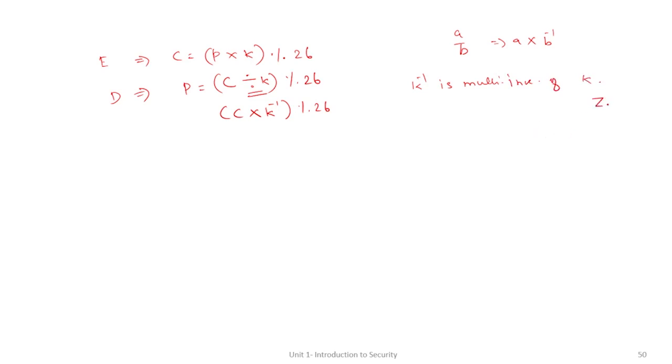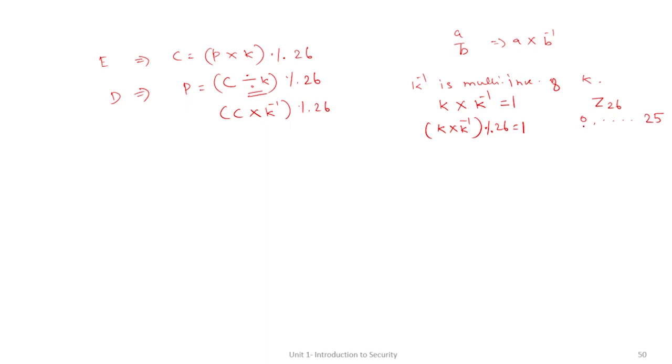So if you take Z26, multiplicative inverse means if you multiply K and its inverse, the number should be 1. For Z26, if you multiply K into K inverse and do mod 26, the answer should be 1. So if you take Z26, the numbers are from 0 to 25. If you multiply 0 with any number, you can't get the remainder 1.